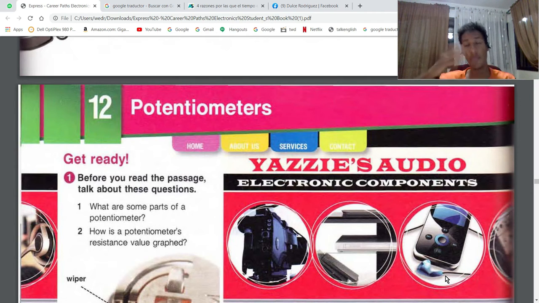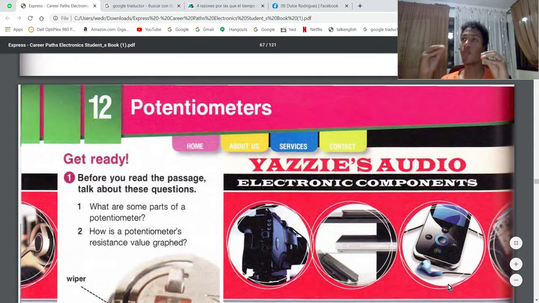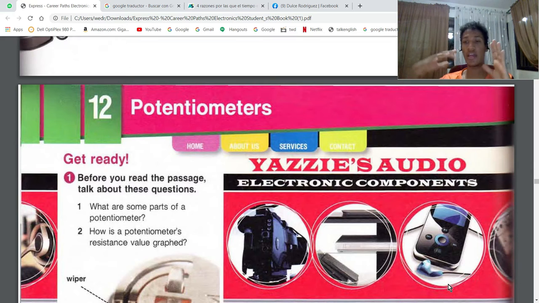The potentiometer is a resistance that opposes the flow of the current. For example, this is the loud music, and when you put the potentiometer up, it opposes the current a little.